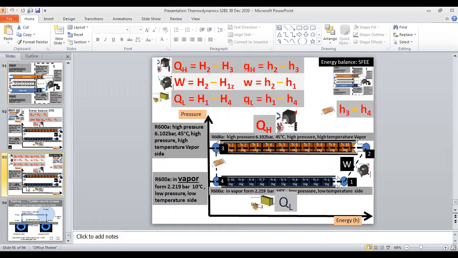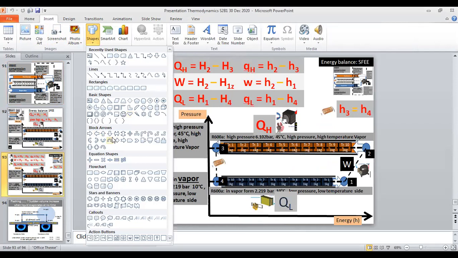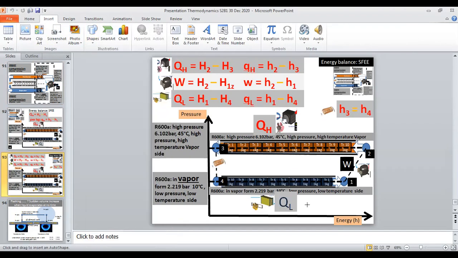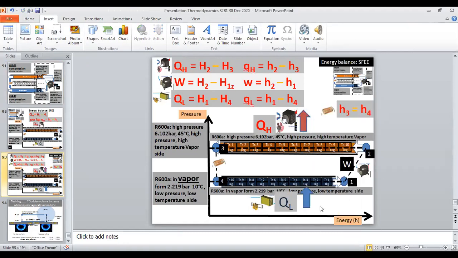So this is the situation. Loading takes place at low temperature, and unloading takes place at high temperature.